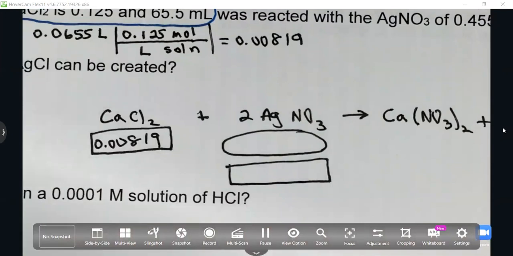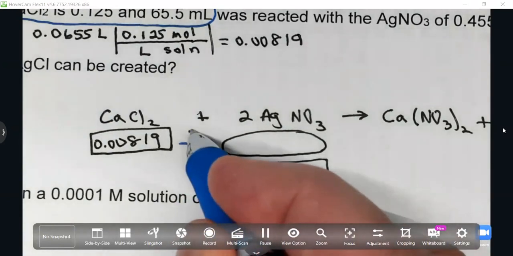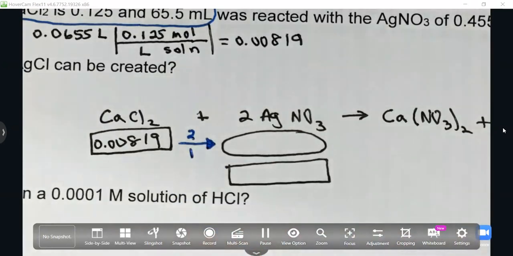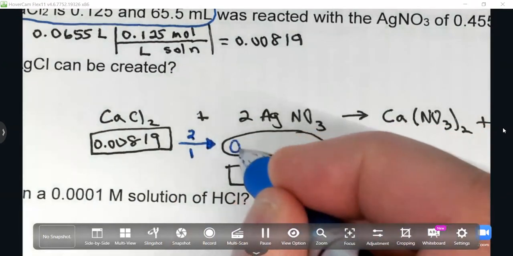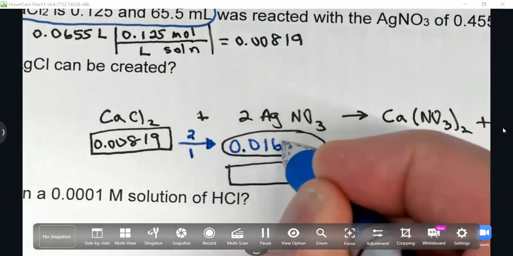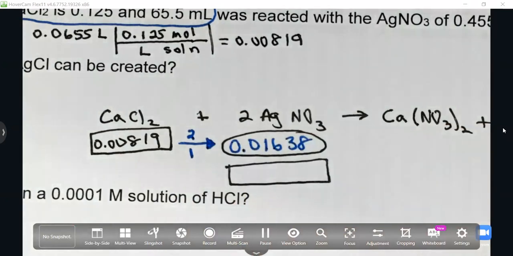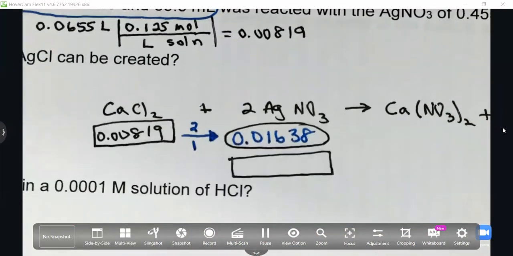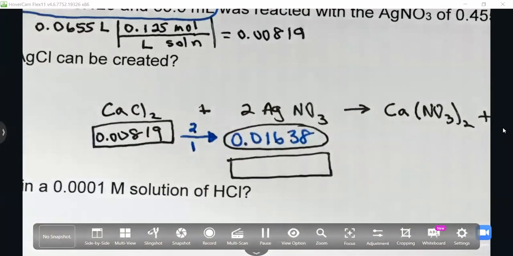So again, we have a limiting problem, so we got to figure out what we have, what we need. And my mole factor fraction here is 2/1. So we need 0.016, yeah, 38, I guess. That's how much we need, right? And we can calculate how much we have.